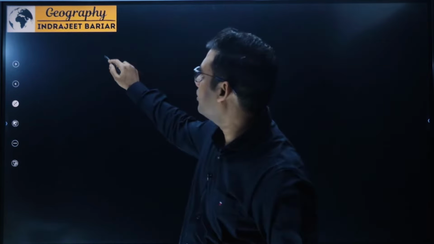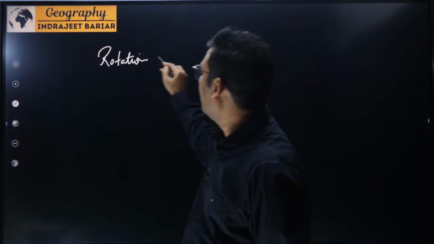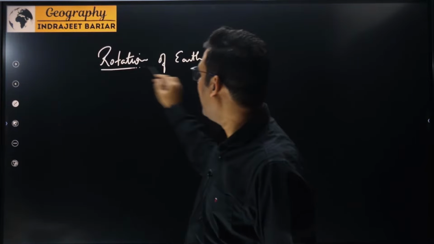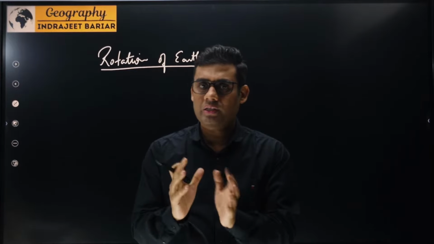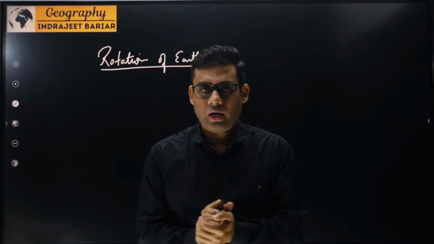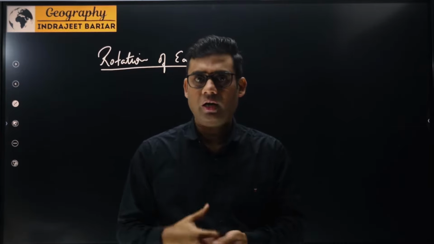The first option it says is rotation of Earth. Now rotation of Earth, as Earth rotates on its own axis, the first thing that happens is Earth presents different faces to the Sun. So let's suppose this is the Sun, and I am standing over here as Earth with the Sun in front of me.